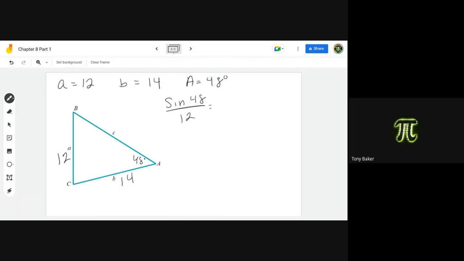Why can I find B? Right. I need one other piece of information. So right now, C, I have nothing. So I would have ended up having sine C over C, and I'd be stuck. So I need one other piece of information. I do for the B, so let's use the B. So I have sine of B over 14.